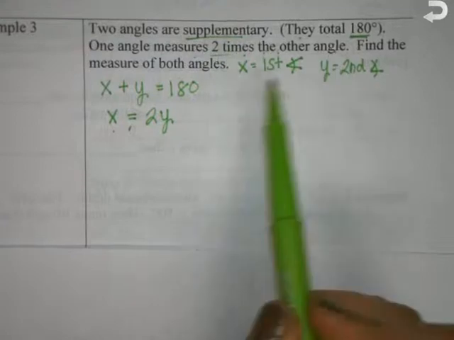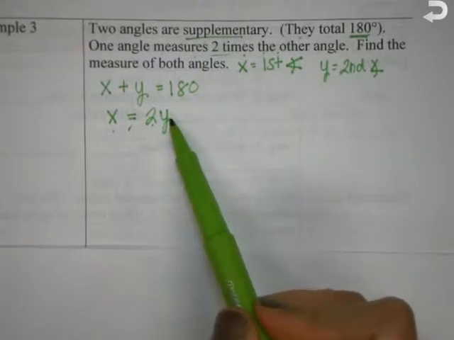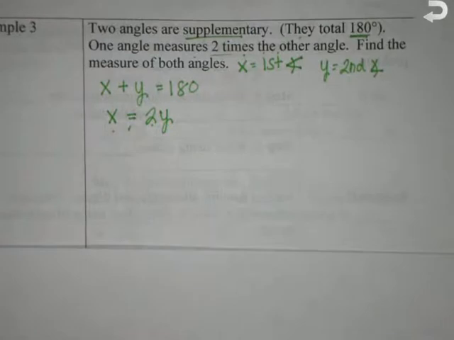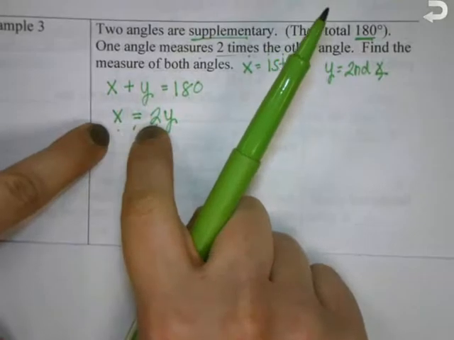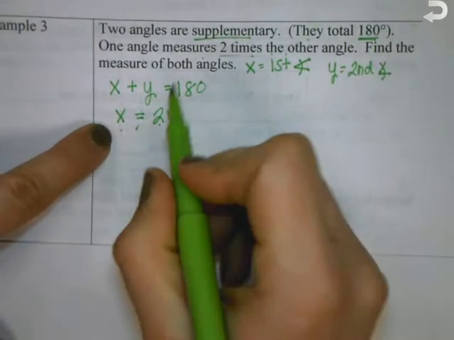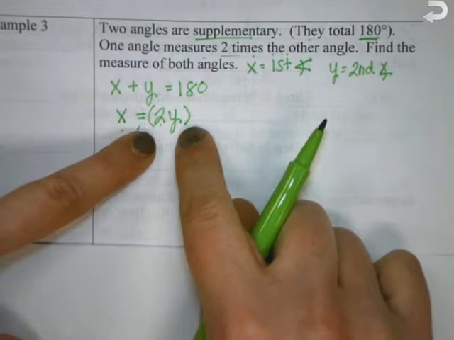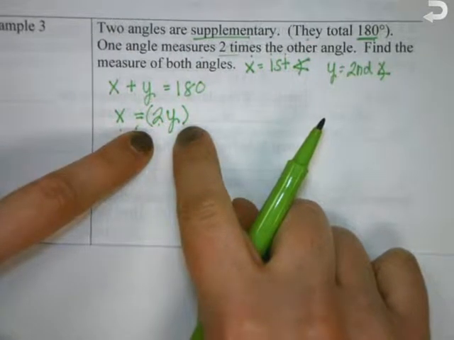Okay, so we have our system. Which method will you use here? Substitution, because we already have x equals something. So x equals 2y, and I always put parentheses around it. If I want to use substitution, plug it into x over here.